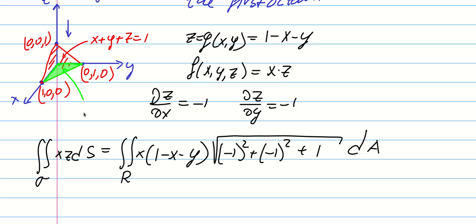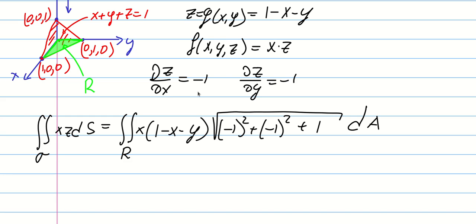This is our region R. All right, maybe not the best color, but I picked it at random. Okay, so let's try to figure out this region in the xy plane.